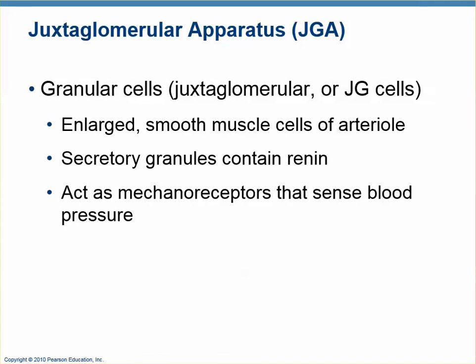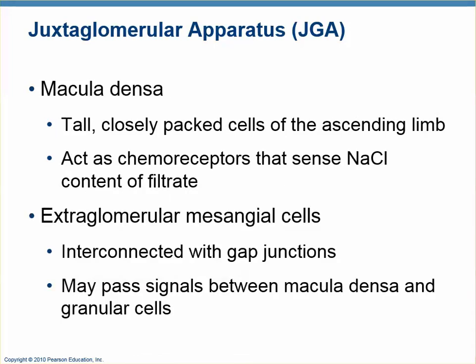There are special cells called JG cells, juxtaglomerular cells, and they are smooth muscle cells of the arteriole. There are mechanoreceptors that sense the blood pressure. There's an area called the macula densa that are chemoreceptors that sense how salty the urine is. And then there are extraglomerular mesangial cells that are involved in signaling.